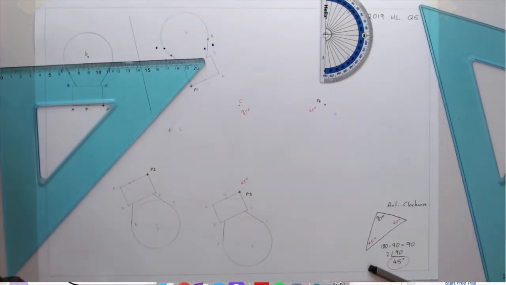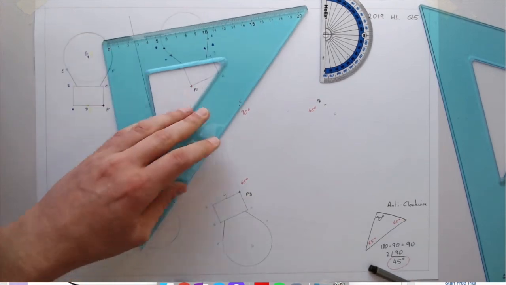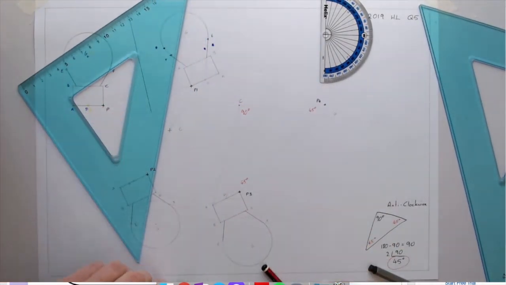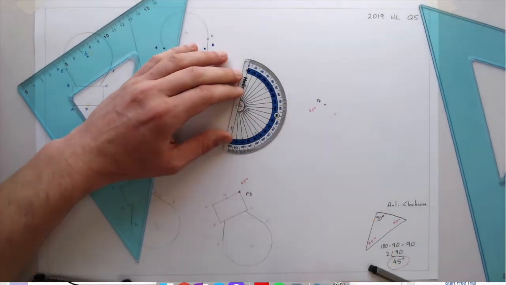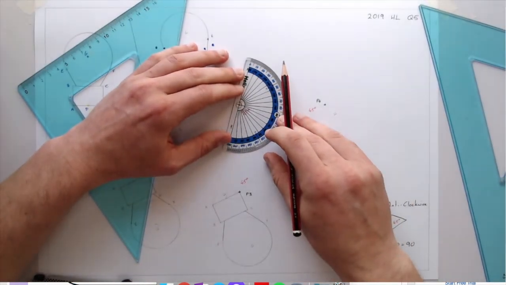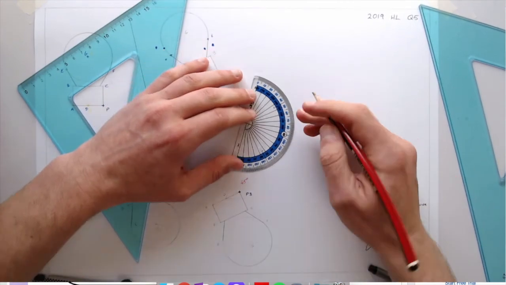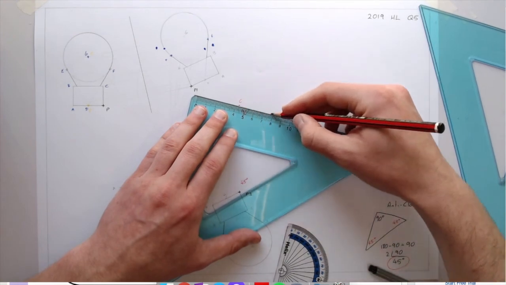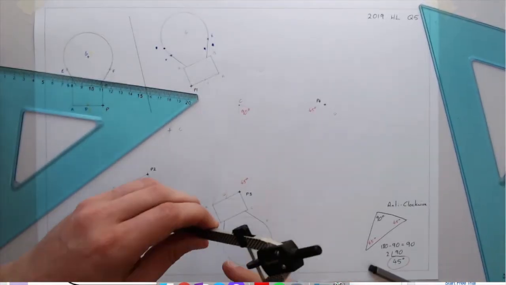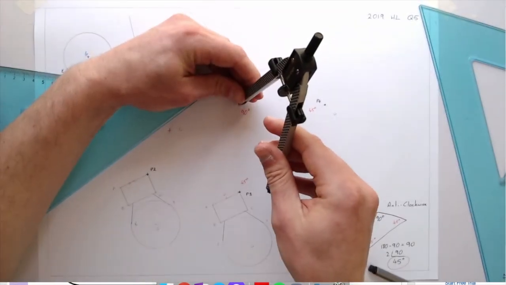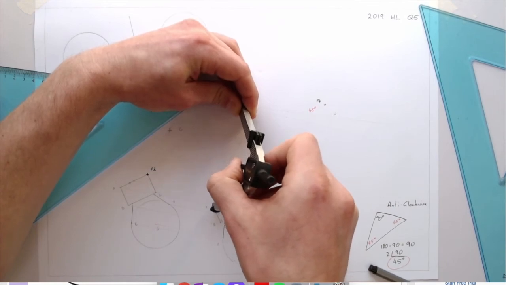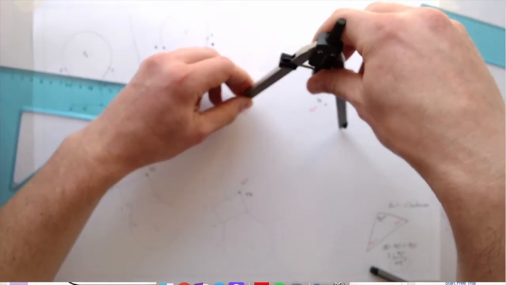So D, so I'll take one at a time, 90 degrees. Now I'm actually going to speed up the video a little bit here at this point, just to shorten down the video a bit, just until I have all of my points, and then we'll look at joining it up.